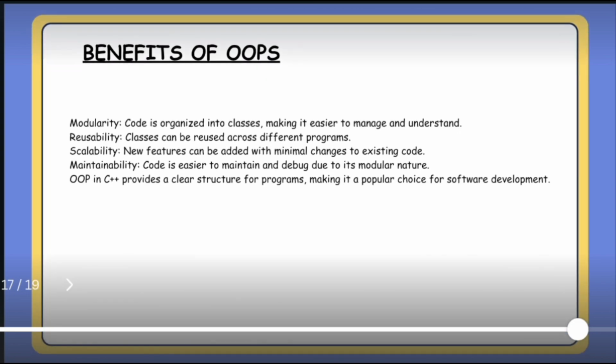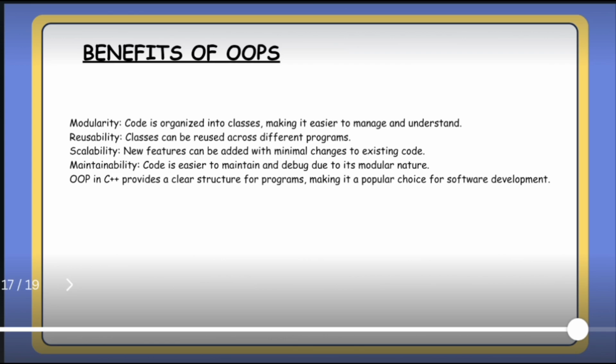So we can look at some benefits of object-oriented programming. The first one is modularity. That is, the code is organized into classes, so it makes the program user-friendly and efficient. Then reusability. Classes can be reused across different programs as per our requirement. And scalability. It means that new features can be added with minimal changes to existing code.